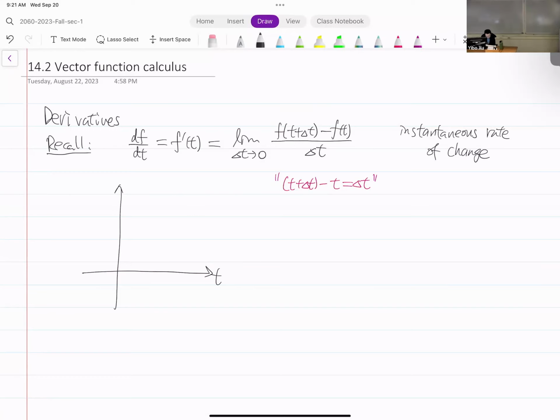So in a figure, if you have t as the horizontal axis, f of t as the vertical axis, and the function is something like this, then at whatever point, the derivative is actually the slope of the tangent line. That's the instantaneous rate of change.